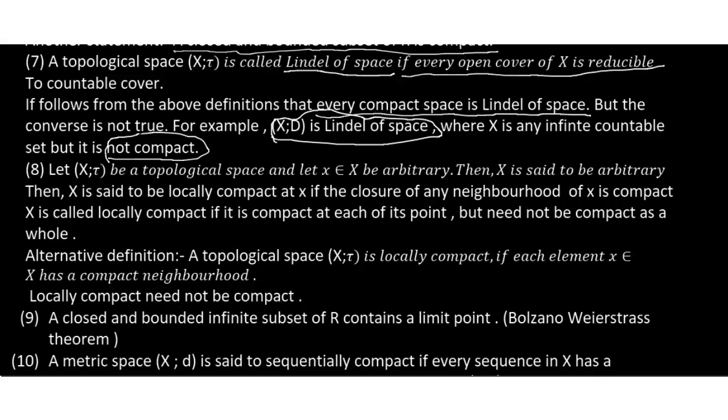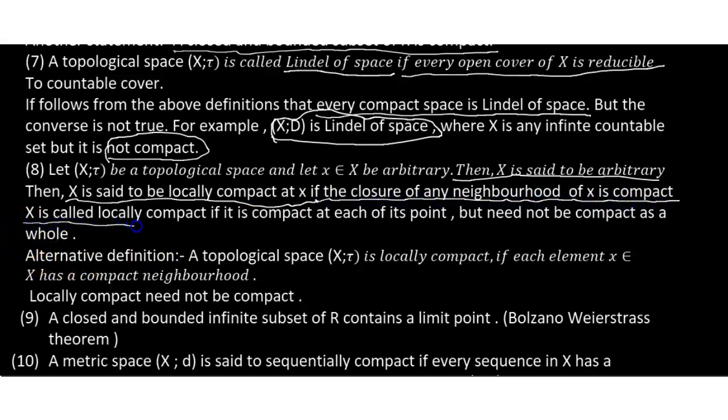Let (X, tau) be a topological space and let x belonging to X be arbitrary. Then X is said to be locally compact at x if the closure of any neighborhood of x is compact.